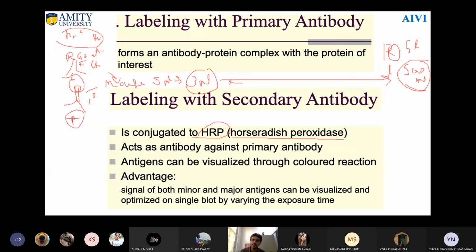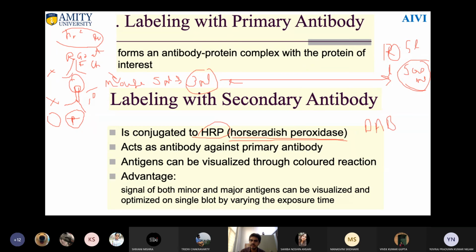This antibody will bind specifically. If the antigen is not there, the primary antibody is not going to bind, and then the secondary will also not bind. Wherever this interaction is there, the secondary antibody gives the reaction, and it is an enzyme acting on its chromogenic substrate like DAB, diaminobenzidine.